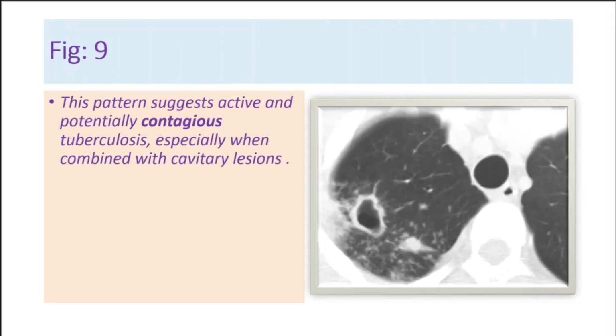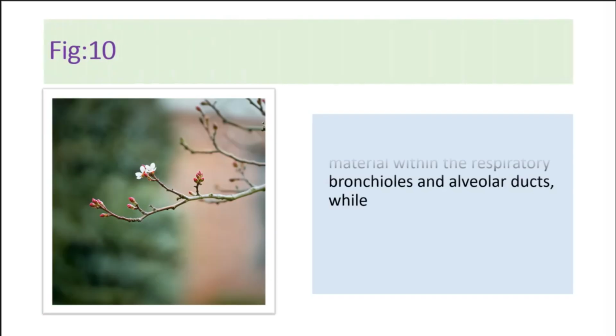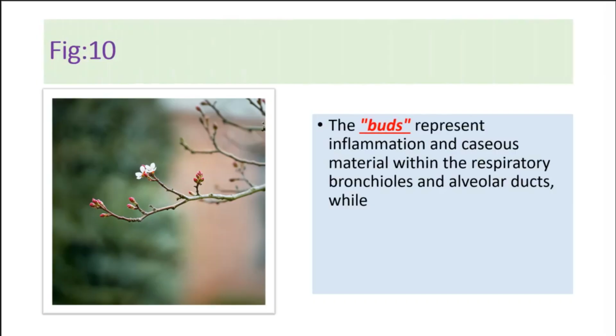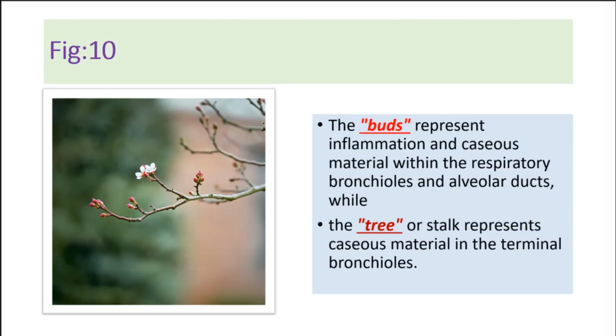This pattern suggests active and potentially contagious tuberculosis, especially when combined with cavitary lesions. Fig. 10. The buds represent inflammation and caseous material within the respiratory bronchioles and alveolar ducts, while the tree or stalk represents caseous material in the terminal bronchioles.